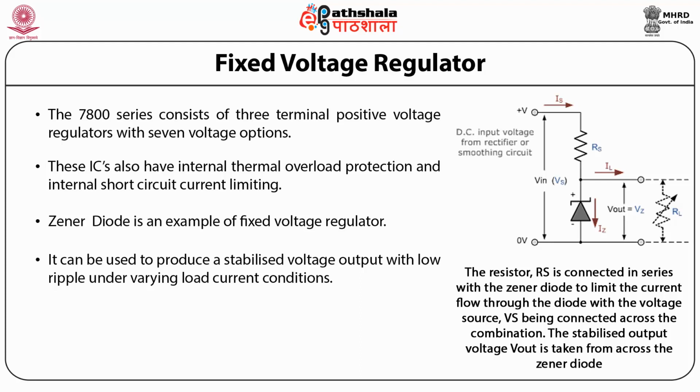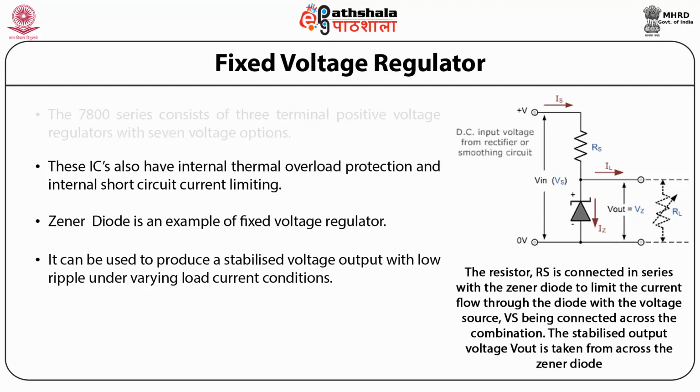Here the resistor RS is connected in series with the Zener diode to limit the flow of current through the diode, with the voltage source Vs being connected across the combination. The stabilized output voltage Vout, which is equal to Vz, is taken across the Zener diode.